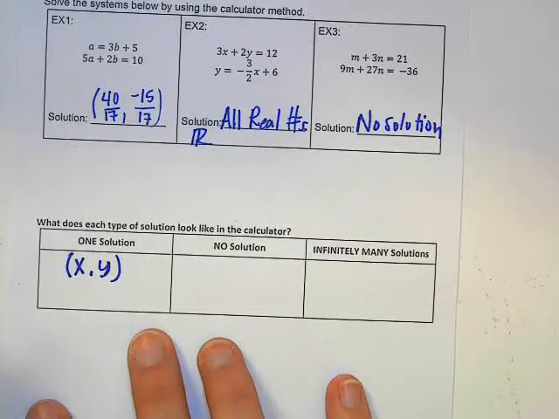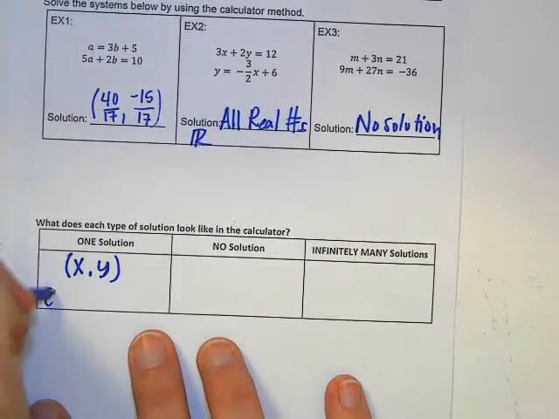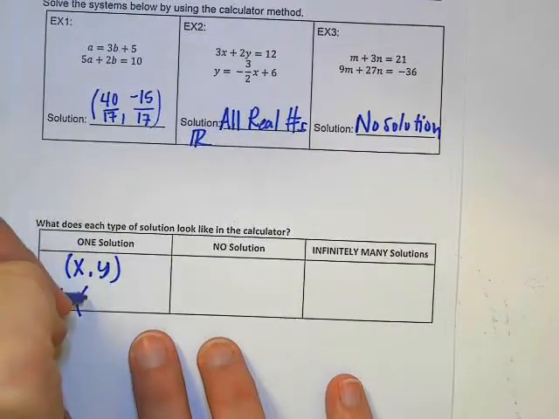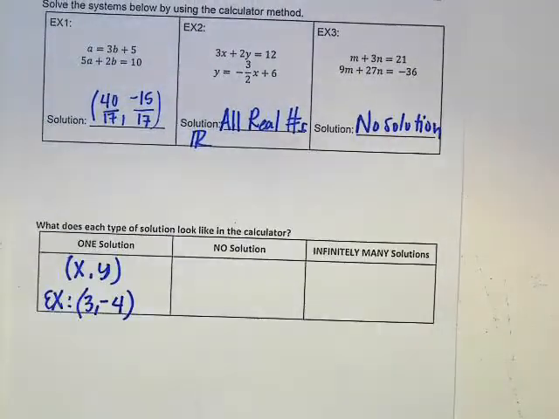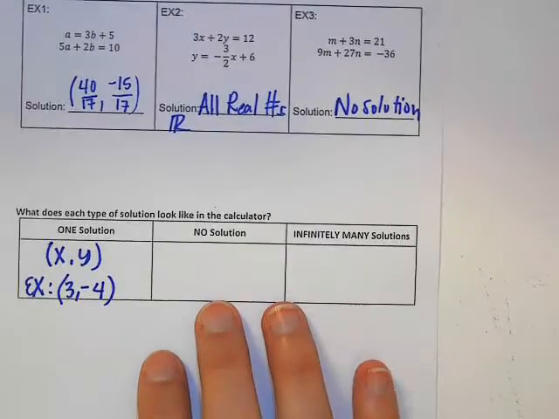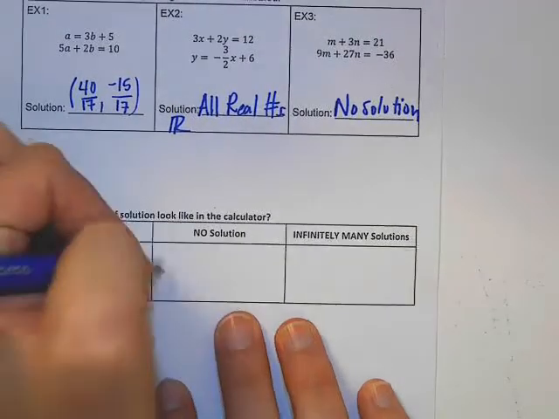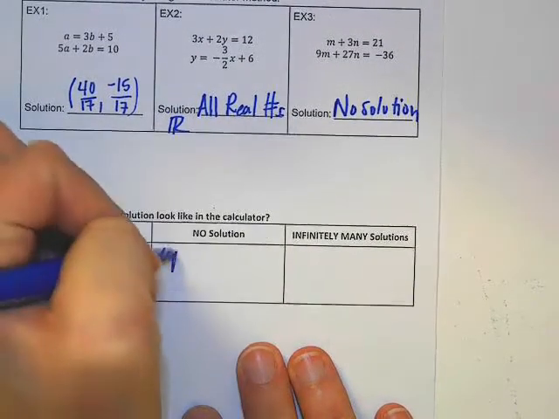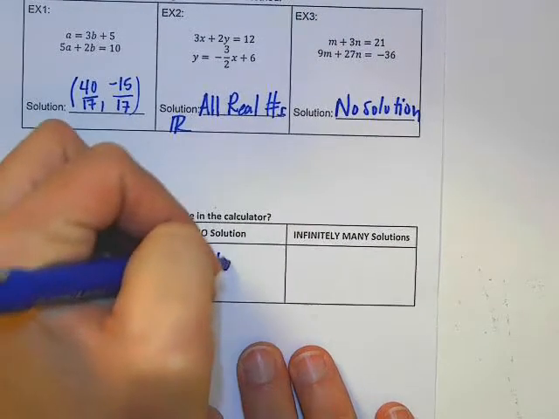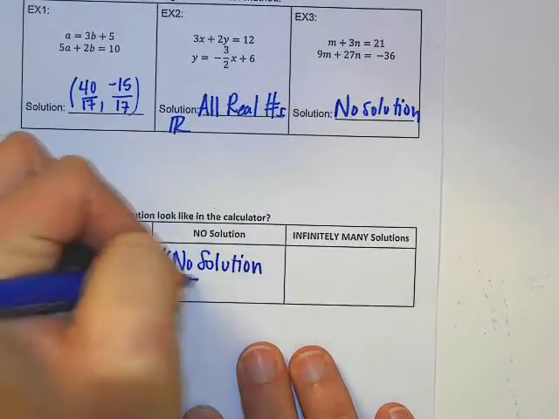An example could be 3, comma, negative 4. What does no solution look like in the calculator? It says, quote, no solution found.